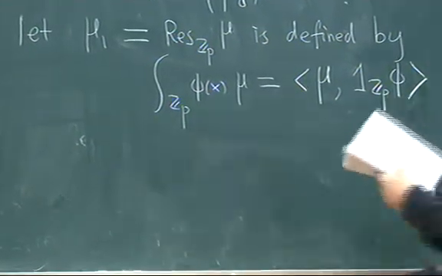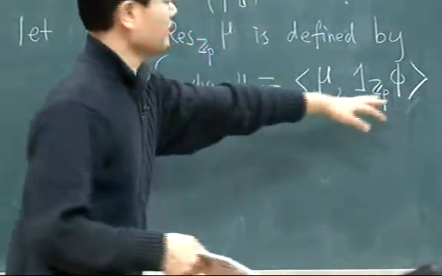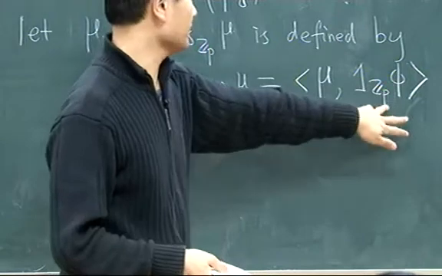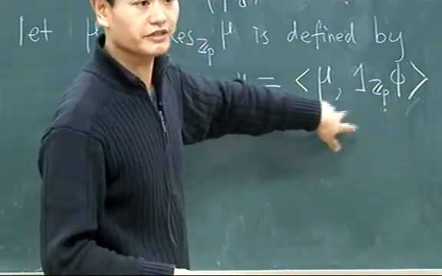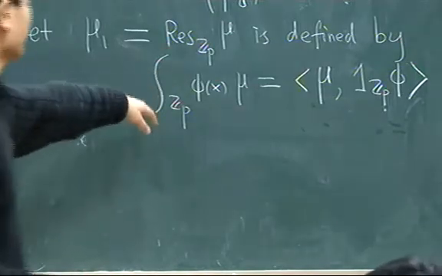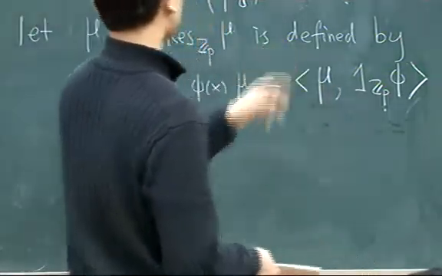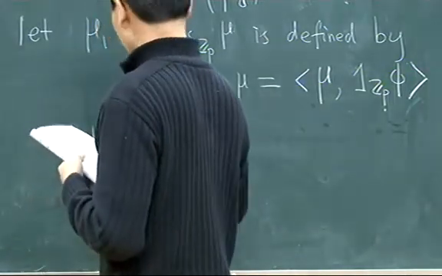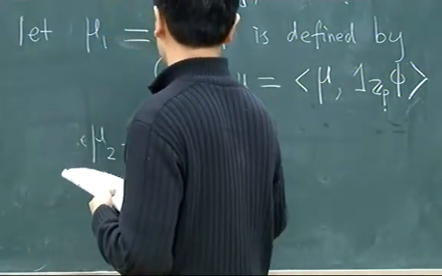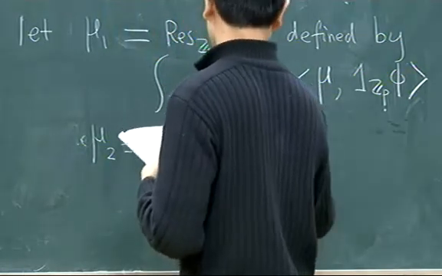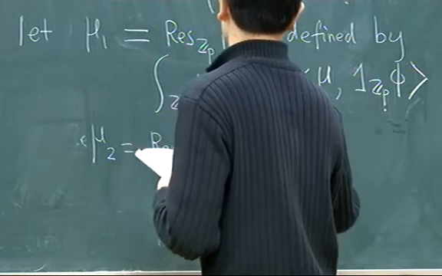Because this is in the dual, you have this pairing, right? It's a function, and then of its dual, you get a number. Okay. So you just define by this. Now mu2, again we just say it's V_p 1001 mu.